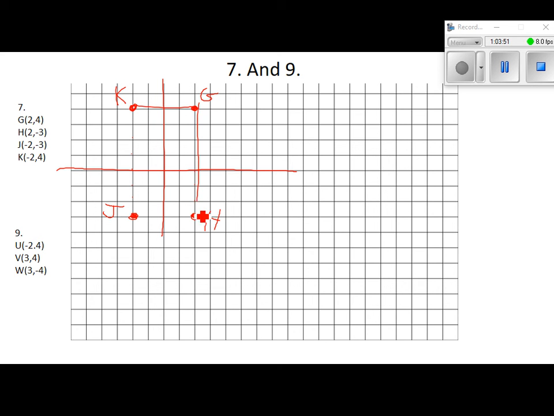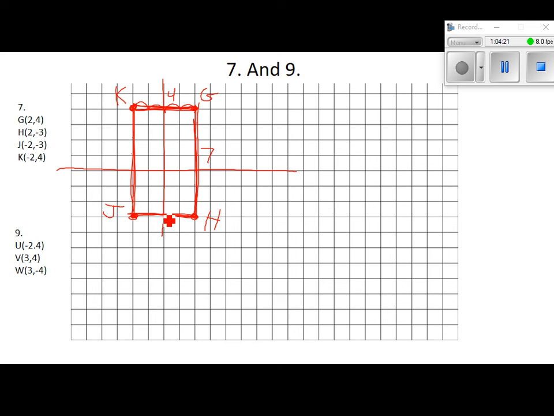So we're looking at this shape. We're trying to find the perimeter of it. Nice thing about this is we don't have to use the distance formula because each of these segments is either vertical or horizontal. So all we have to do is count. This one is 4 units long. This one, 7 units long.